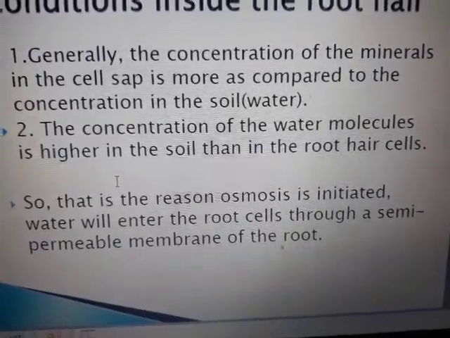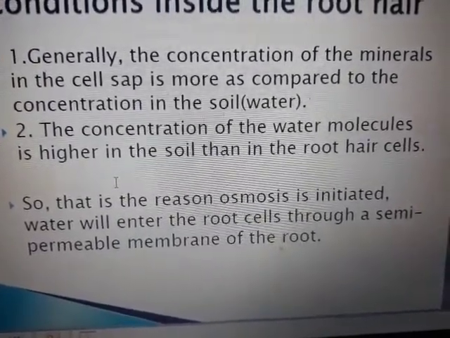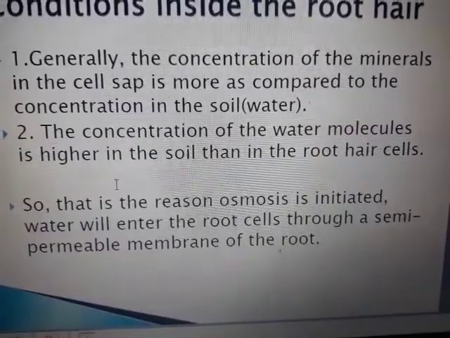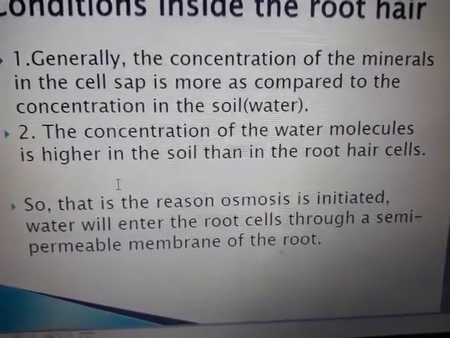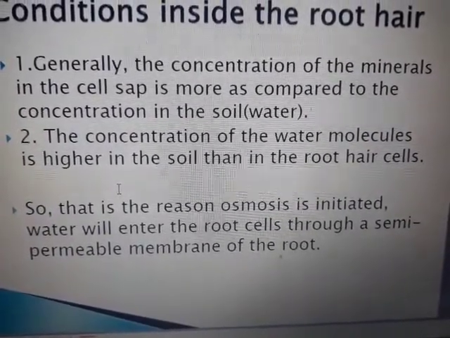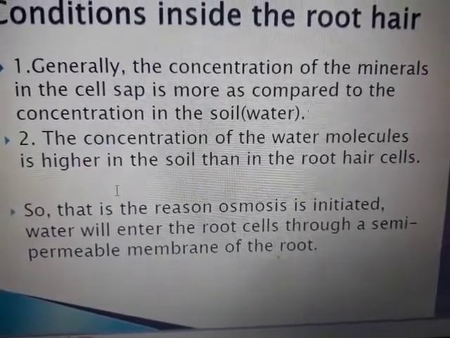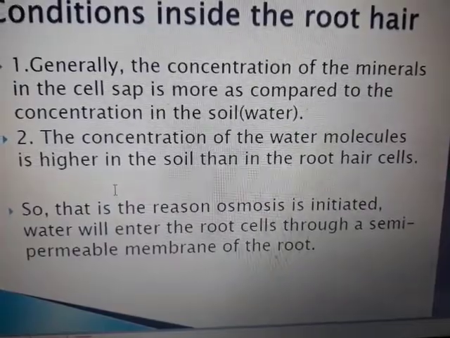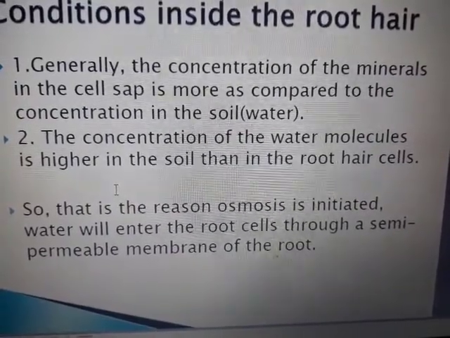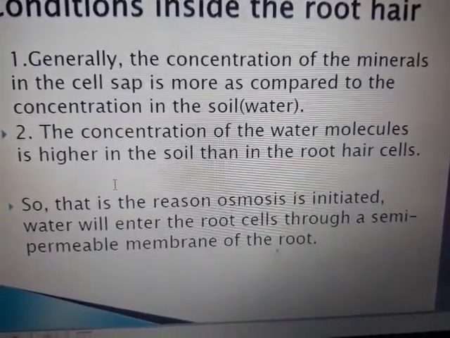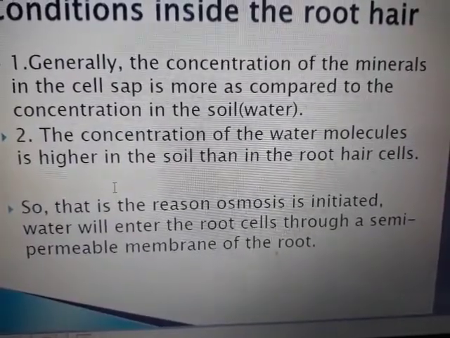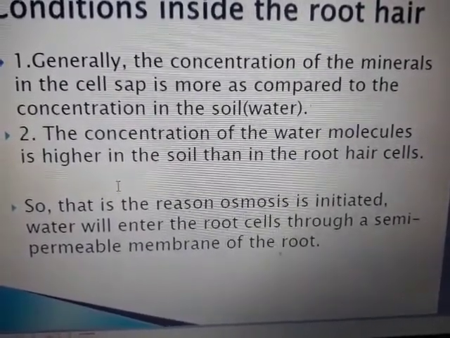Understand? Because the concentration of water is less in the root hair, it is thirsty, and water is available in the soil, so it will start the osmosis process. Forget about the first point. It is stating the concentration of minerals in the cell sap. That means minerals are generally very high in amount in plants as compared to the water.